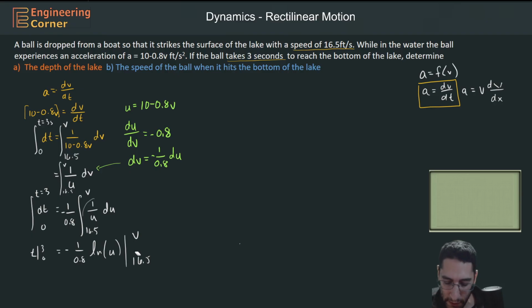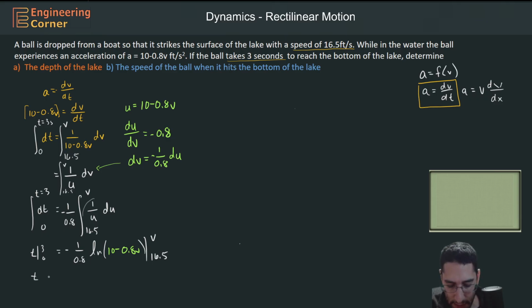And now what I'm going to do is just substitute back in what I know for u. So u is equal to 10 minus 0.8v. And this will be evaluated from v to 16.5. All right, so here, now let's just keep this in terms of t like I've done before, just so we can get an expression.